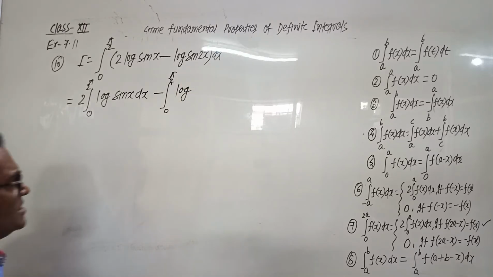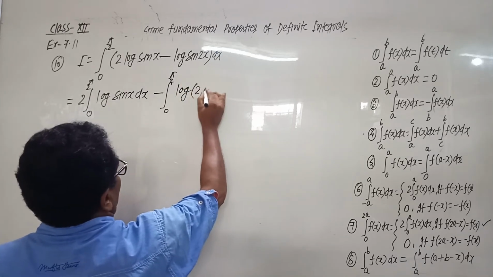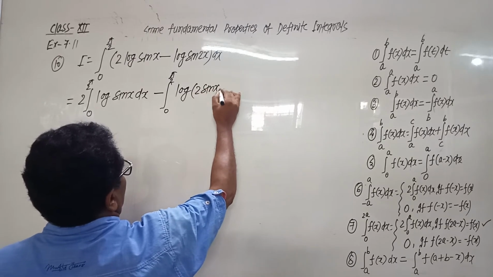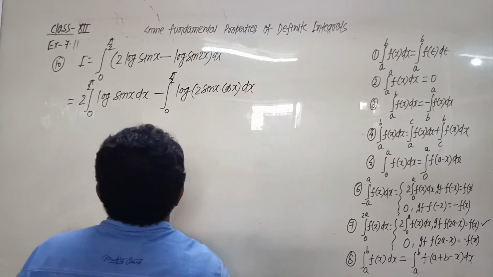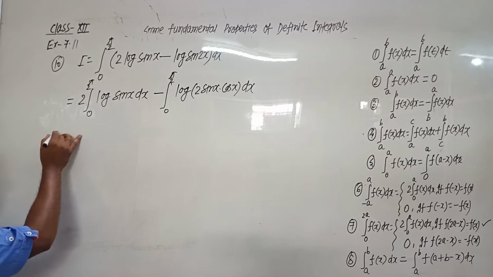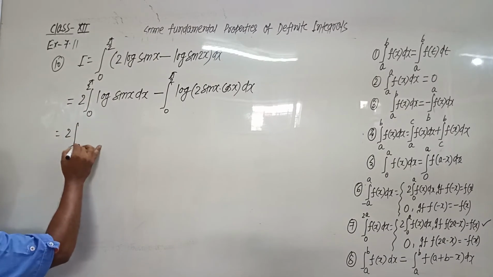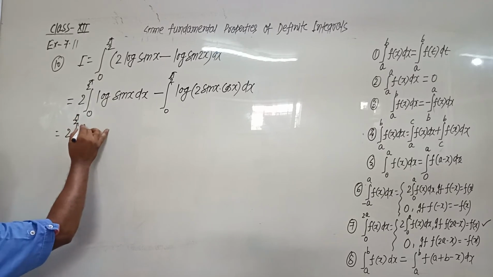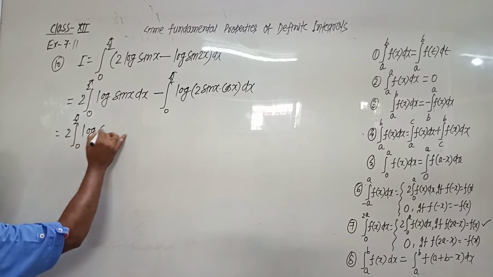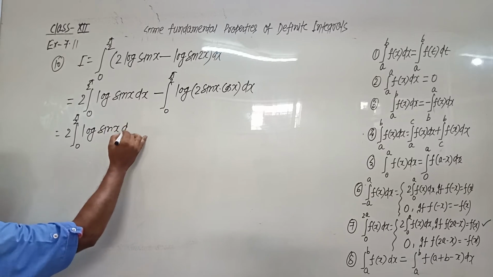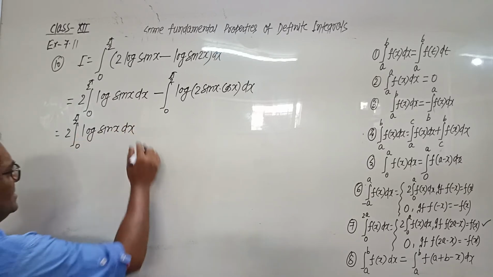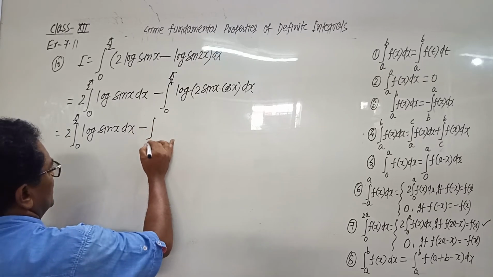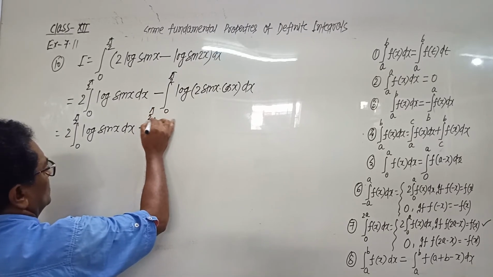Sin 2x is written as 2 sin x into cos x and dx.